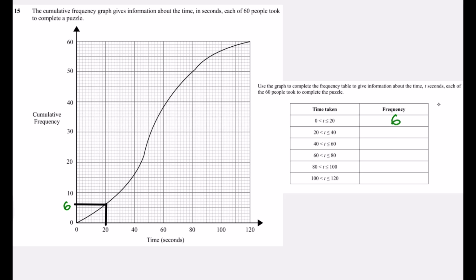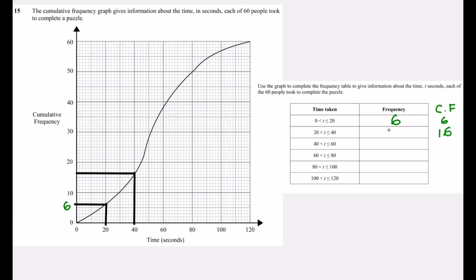So it's 6. I'm going to write cumulative frequency along the side, just so it's clear what we're doing here. Everything up to 40, so when we've got cumulative frequency, it's anything up to that amount. I think that's 16. So at 40, we've got 16. So everything up to 40 is 16.